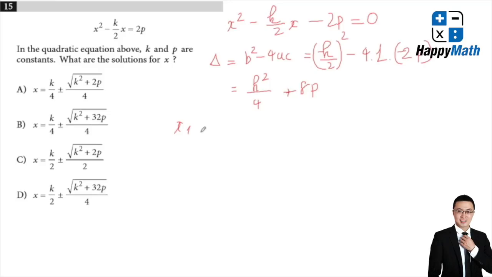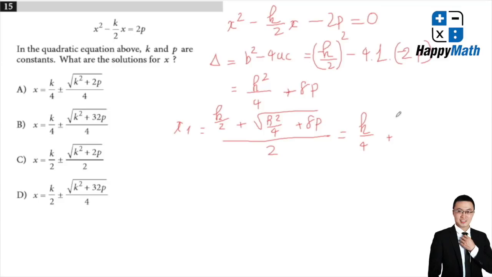So h1 will be equal to minus b, which means k divided by 2, plus the square root of k squared divided by 4 plus 8p, divided by 2. So one of them has k divided by 4 plus something here.